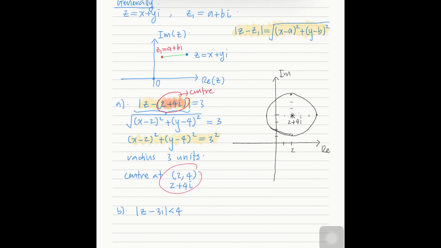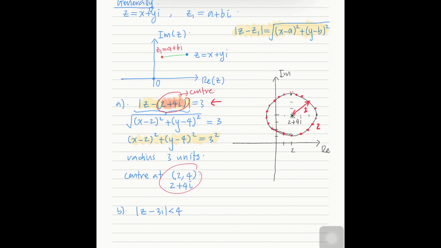What it means is the same as we had in the first video. Basically, the complex number z that satisfies this equation lies on the circumference of the circle, where we know that the distance from complex number z to the center is 3 units.